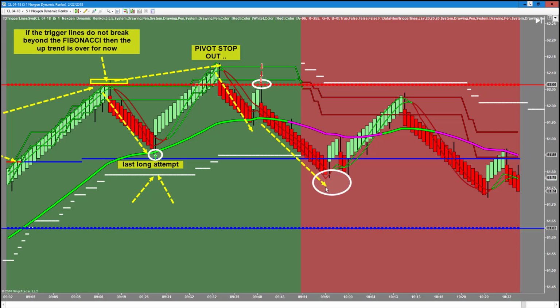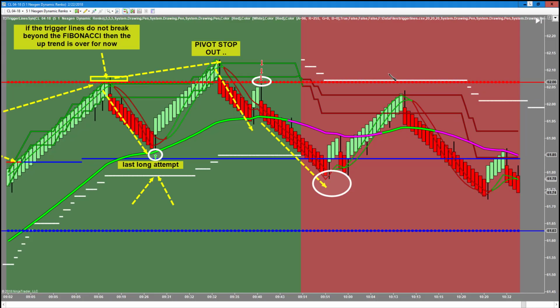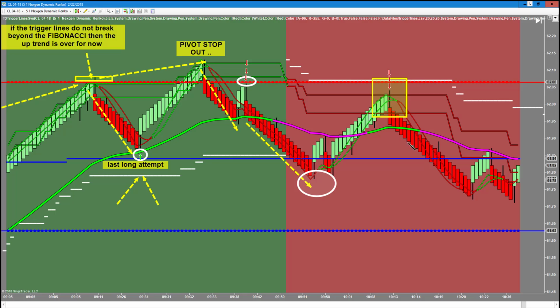So when we pull back and we retest the triggers that have crossed down for the first time, we're going to be looking for some type of a short or going down trade over in this area. And again, you'll see the background color really helps with this. And, as this progresses, you'll see the market goes down and hopefully, obviously making some money.